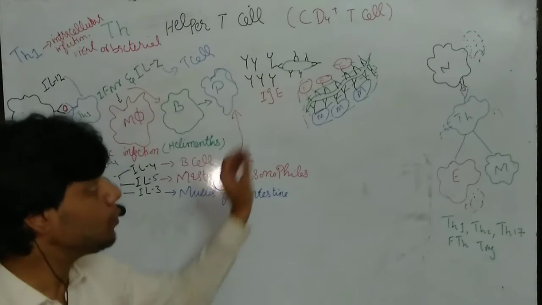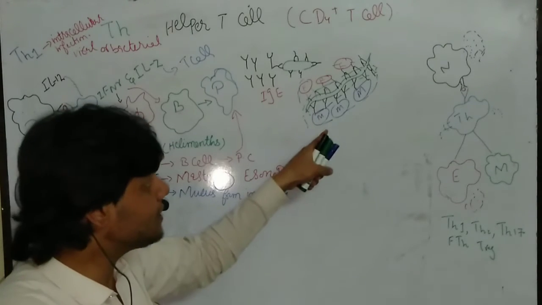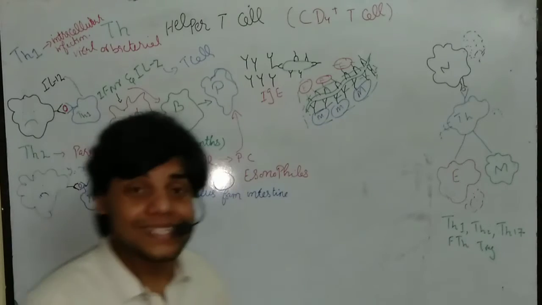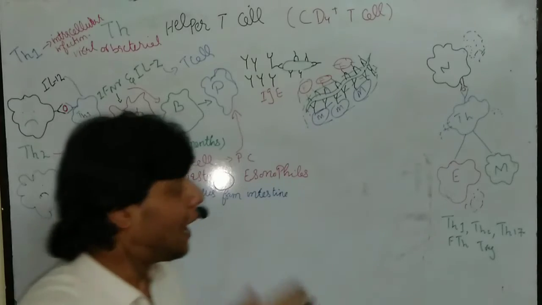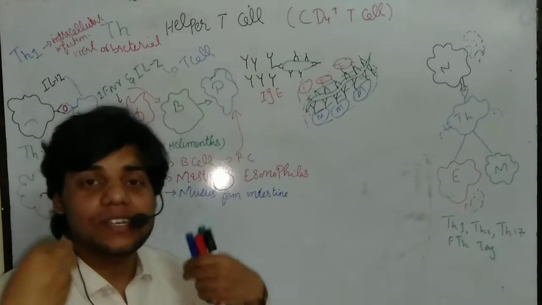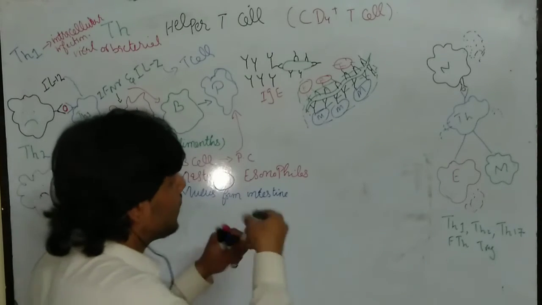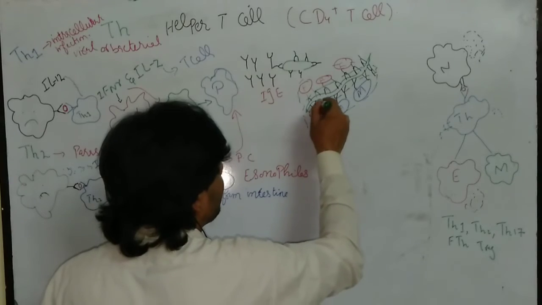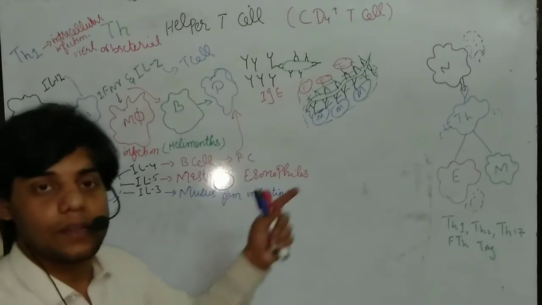After that, mucus is continuously secreted, and these mast cells and eosinophils burst their granules, due to which the granule contents get internalized inside this parasitic worm.